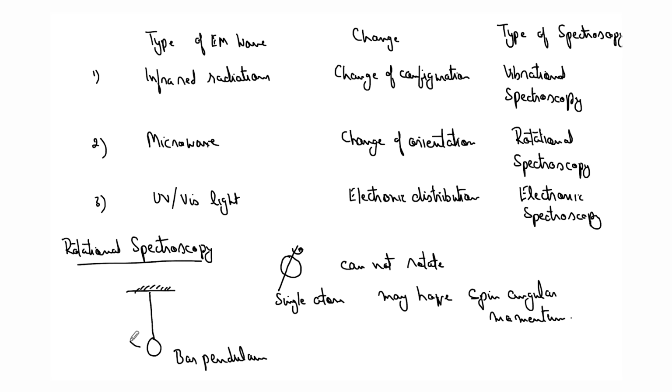Now this can do oscillatory motions, right? These kinds of motions this can undergo. Now these oscillatory motions are nothing but, if you complete the full circle, this will be a rotational motion. So a single atom can undergo rotational motion only if it is tied to a particular rigid end, right? Rotational motion or oscillatory motion.